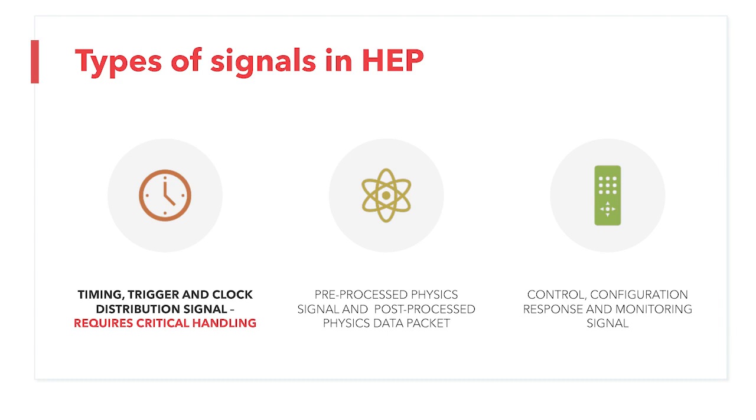And the third is the control, configuration, response, and monitoring signal. As you can understand, in any control system it's normal to have such dedicated signals. What I am going to cover today is the timing, trigger, and clock distribution signal. And this signal requires very critical handling.